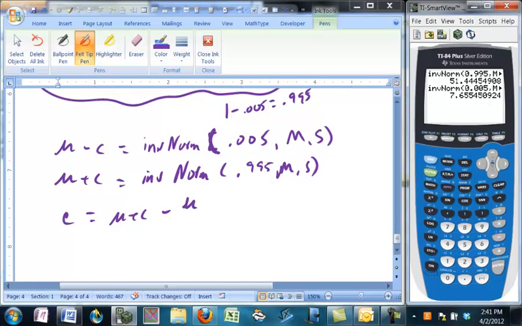There's the lower, and let me get back to the one that had the upper.